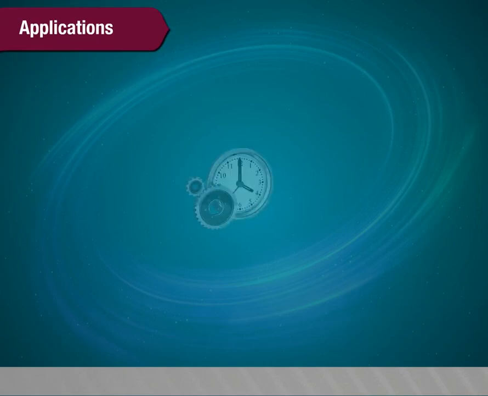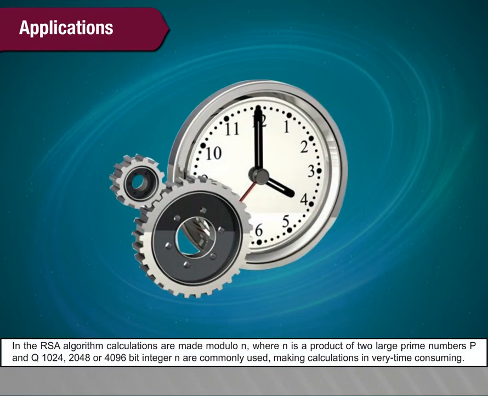Applications. In the RSA algorithm, calculations are made modulo n, where n is a product of two large prime numbers p and q, with 1024, 2048 or 4096-bit integers commonly used, making calculations very time-consuming.